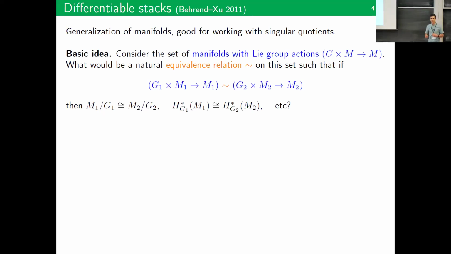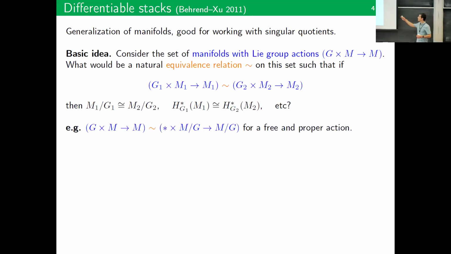They represent the same orbit space and the same equivariant data, but are represented by different manifolds and Lie group actions. Of course, one trivial thing you can do is say, well, the Lie groups are isomorphic and you have an equivariant diffeomorphism between them. But that's much too strong than necessary. For example, if you have a free and proper action, you would expect this to be equivalent to the quotient with the trivial action. They have the same quotient, they have the same equivariant cohomology, and so on.